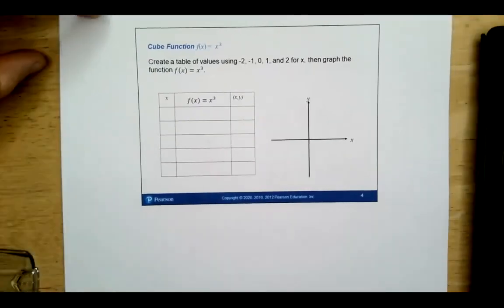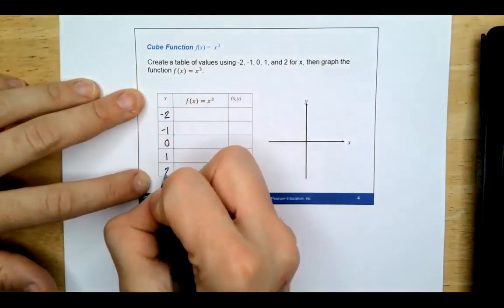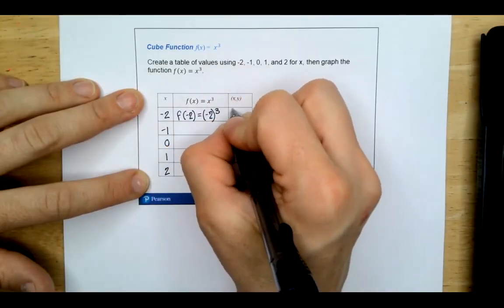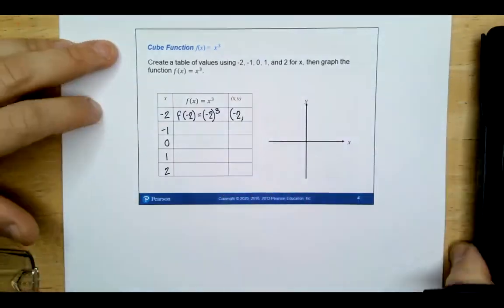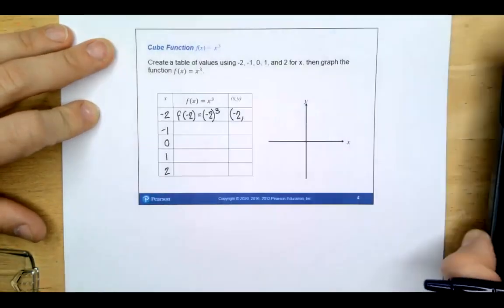All right, x cubed. So -2, -1, 0, 1, and 2. F of -2 is -2 cubed. Again, just put it into your calculator. -2 cubed is -8.